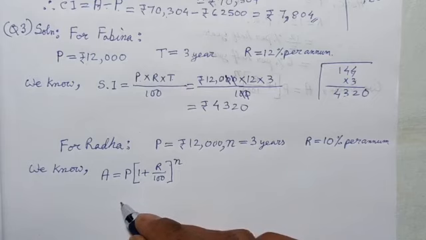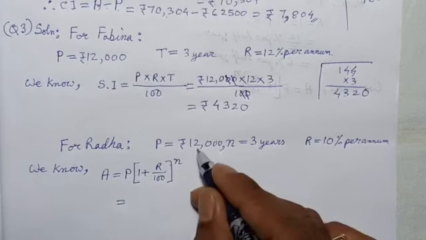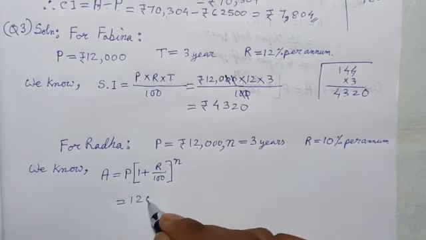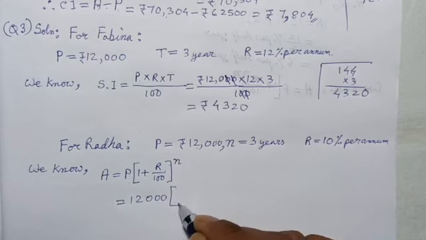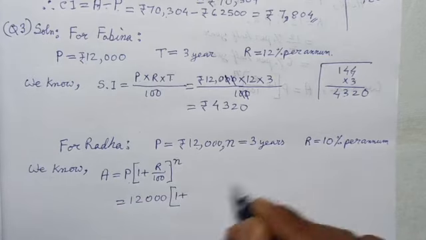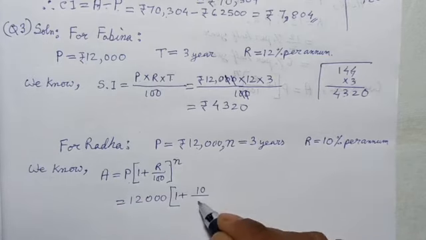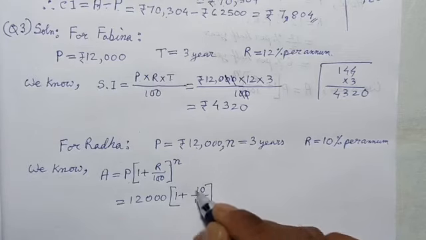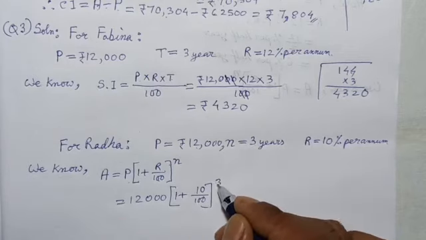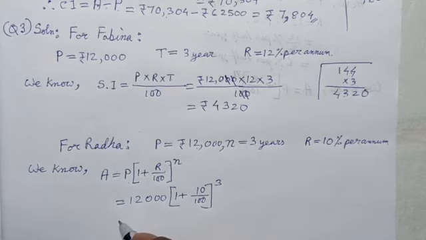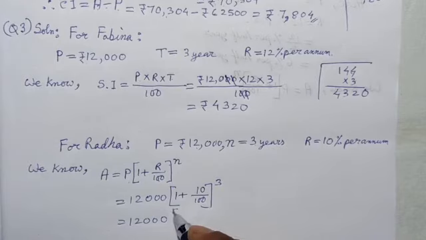Now the next steps. The principal is 12000. 1 plus the rate, 10 divided by 100, whole to the power N, which is 3. So 12000 into 1 plus 10 by 100.